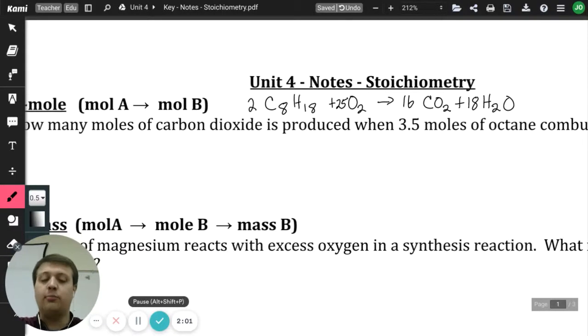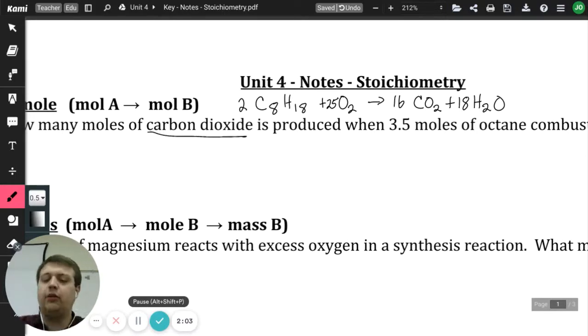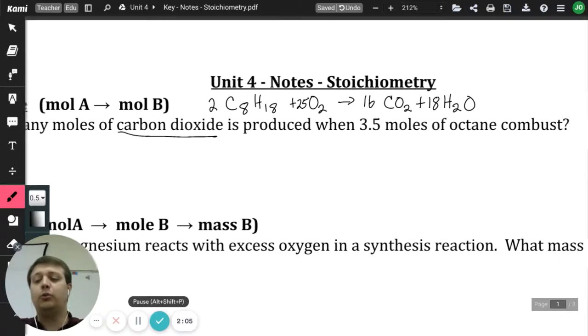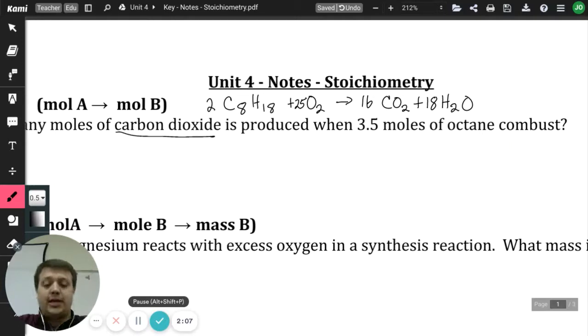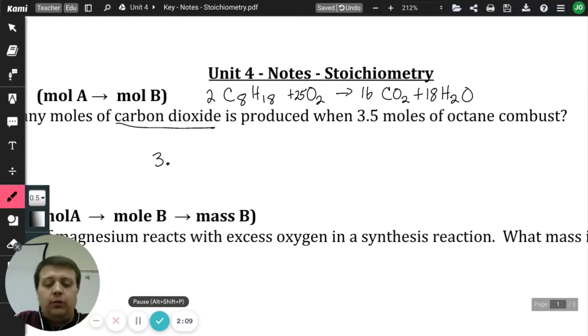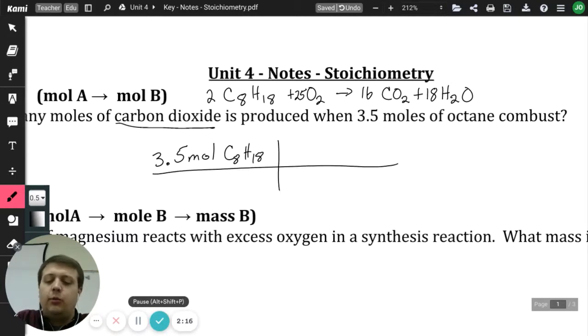Here it says how many moles of carbon dioxide, so we're looking for carbon dioxide, is produced when 3.5 moles of octane combusts. We start with our known, so 3.5 moles of octane, C8H18. We drop it low, C8H18, so that we're canceling it out.